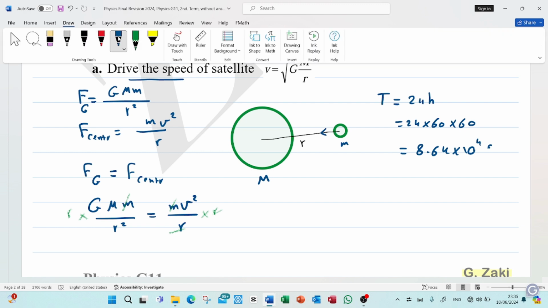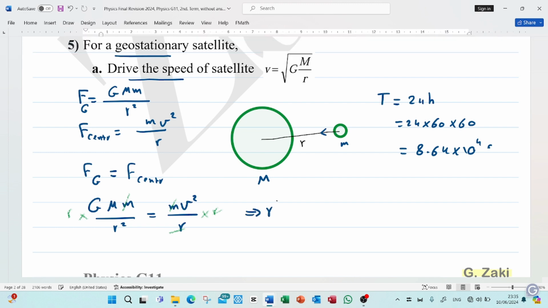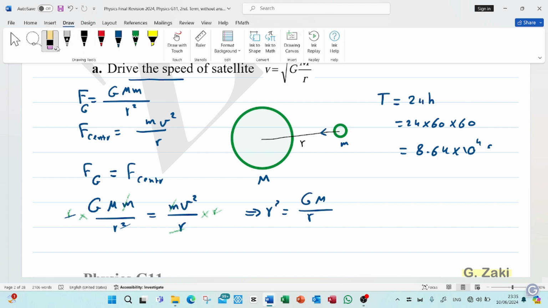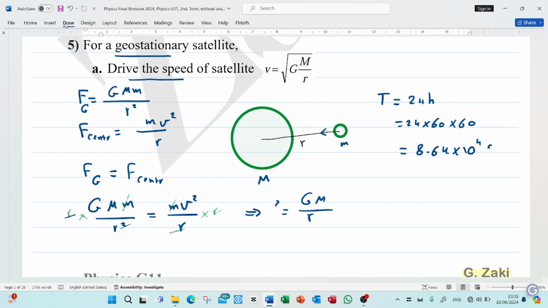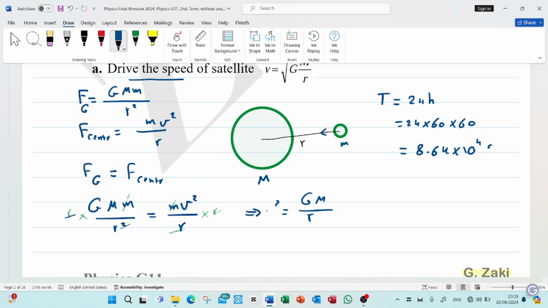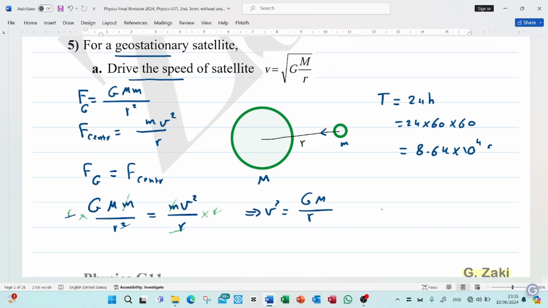Then r squared from this formula equals GM. We cancel one r with r over r, so this is v squared. V squared equals GM over r.